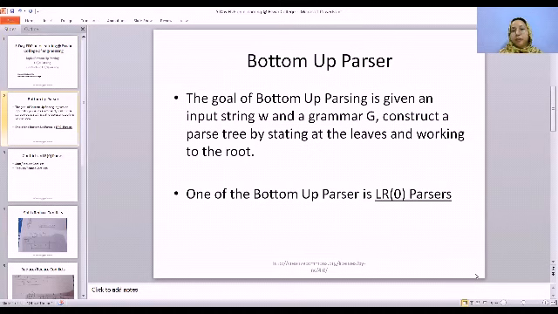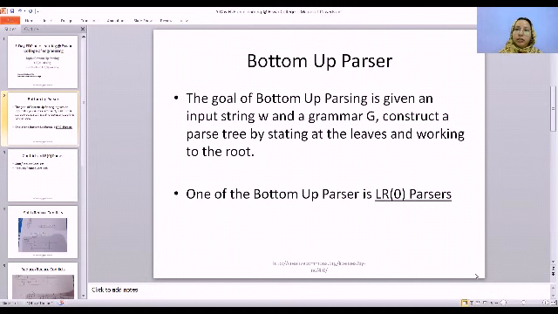So what is a bottom-up parser? The goal of a bottom-up parser is, given an input string W and a grammar G, to construct a parse tree by starting at the leaves and working up to the root. Working to the root means we have to start from the bottom.